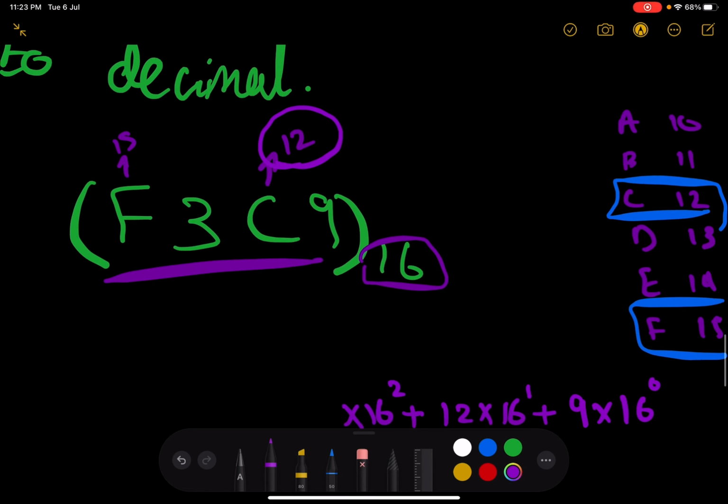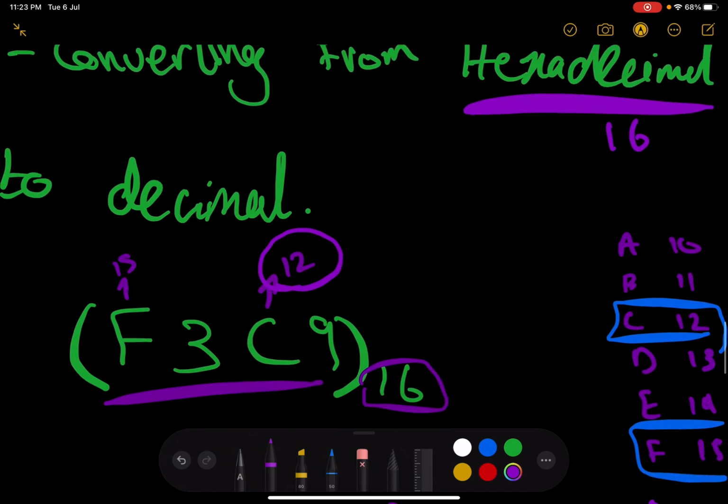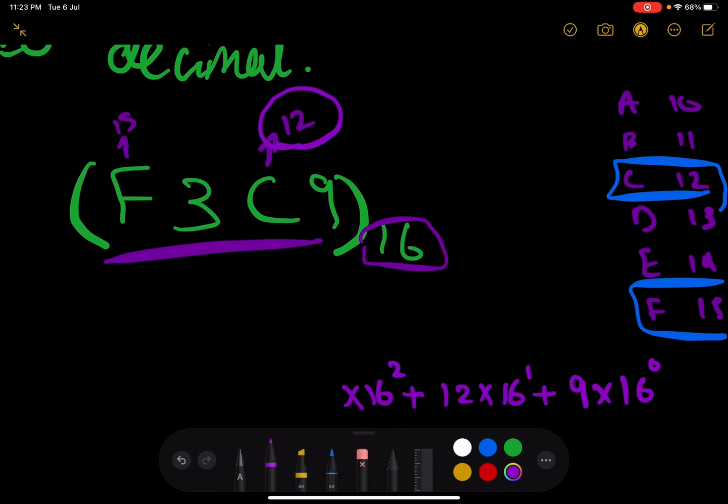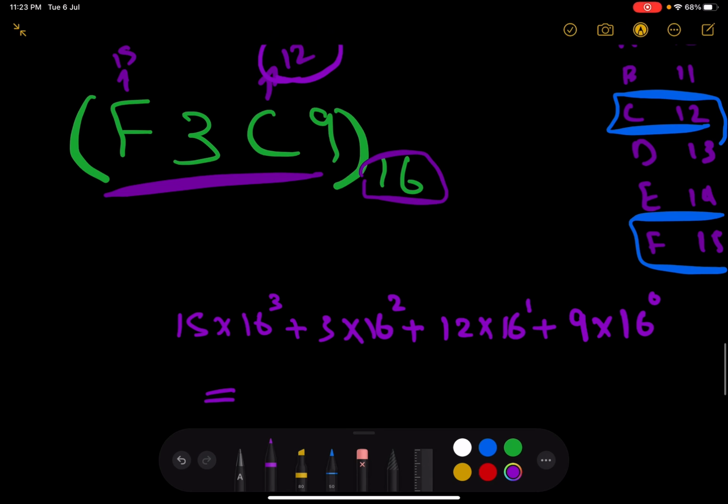And I forgot to tell you that hexadecimal, as we said previously, is a base 16 system, so that's why we're dealing with 16 as the base of our number system. So 16 power 2 times 3 plus this one 3, and the value of F, and we add all of them together.